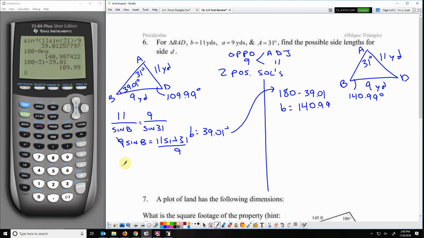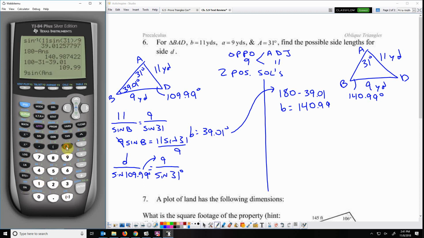Then I can find side D. It's D over sine 109.99 equals, and I'm going to use the exact numbers instead of the 11 and 39.01. Here I'm going to use 9 and 31. 9 over sine 31. So I'm going to multiply this across. 9 times sine 109.99, which is my most recent answer.